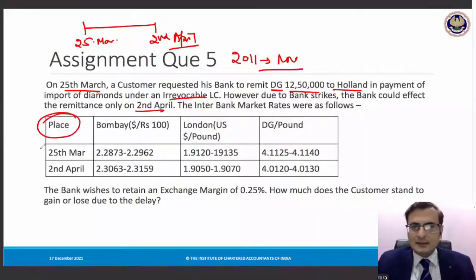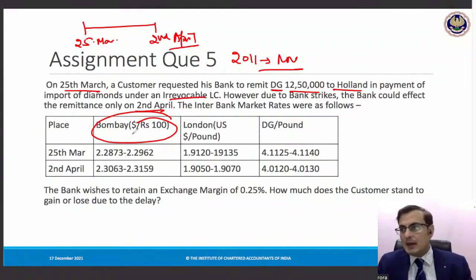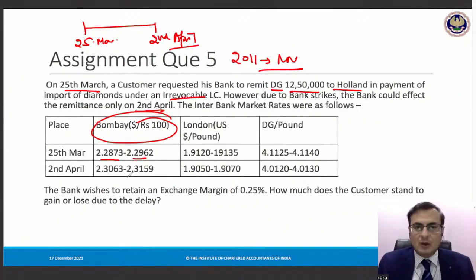Take this very carefully, beta. This is happening for the first time, that you have been given a rate per 100 rupees. So on 25th March, these were the rates, this is the rates here, and this is the rates here.